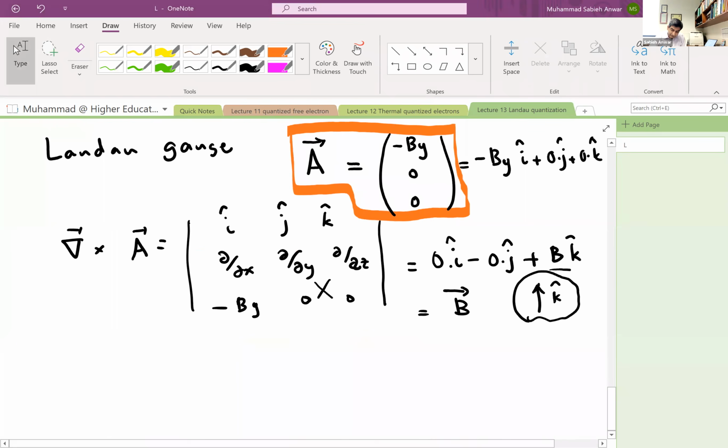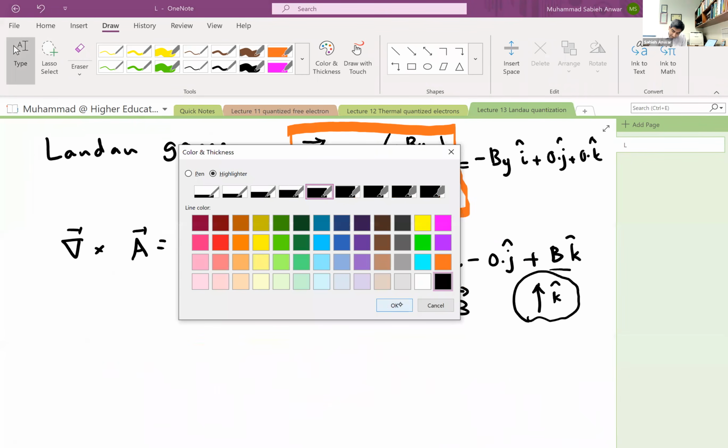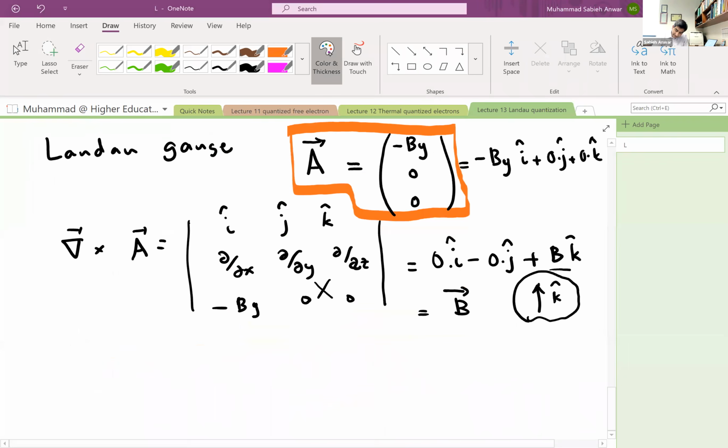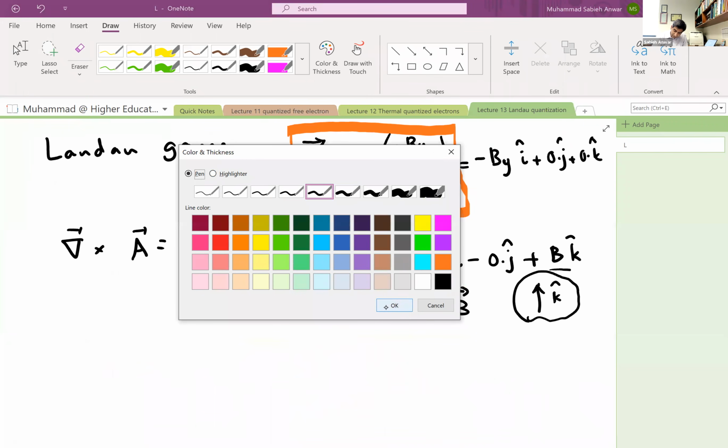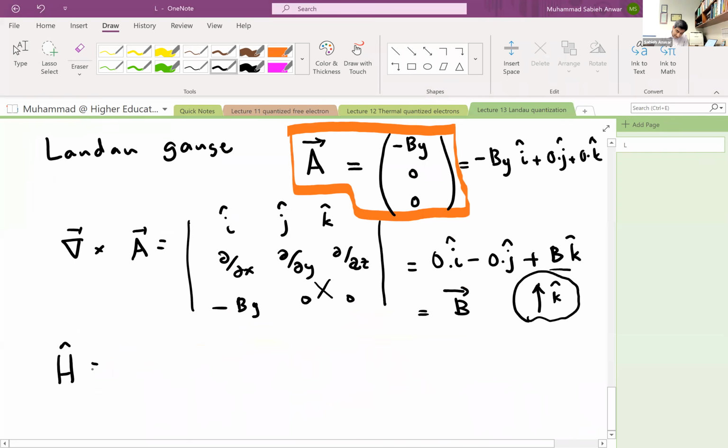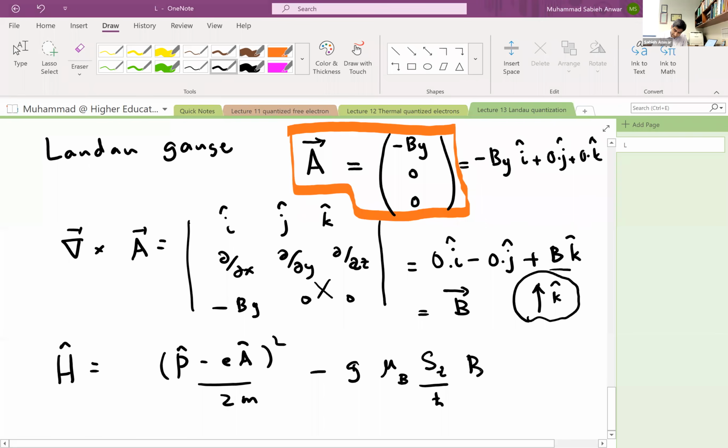So the mechanical momentum P has components Px, Py, and Pz. So let me write down the Hamiltonian again: (P minus eA) squared over 2m minus g mu_B Sz over h bar B.